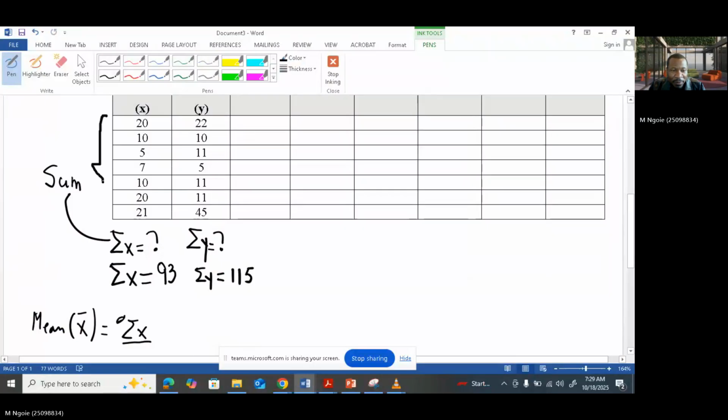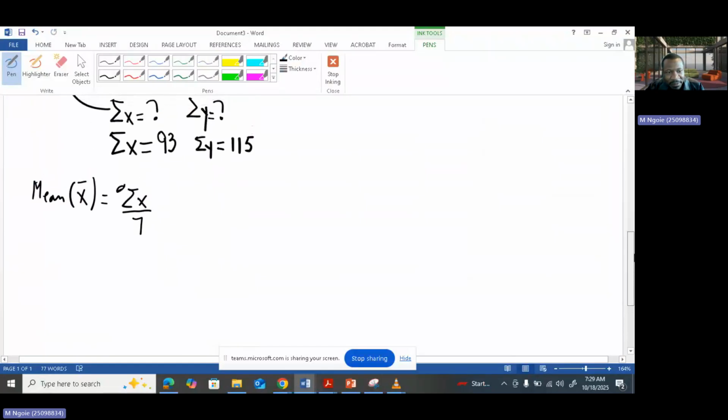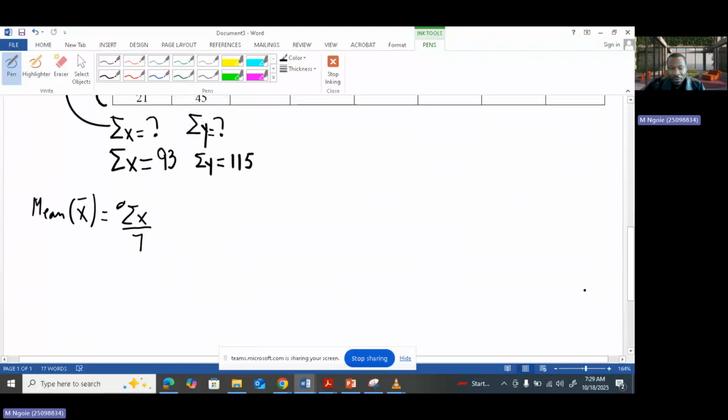So we have 7 accounts. It means the mean for x is the sum of x divided by 7, and you know already, sum of x is 93 divided by 7.